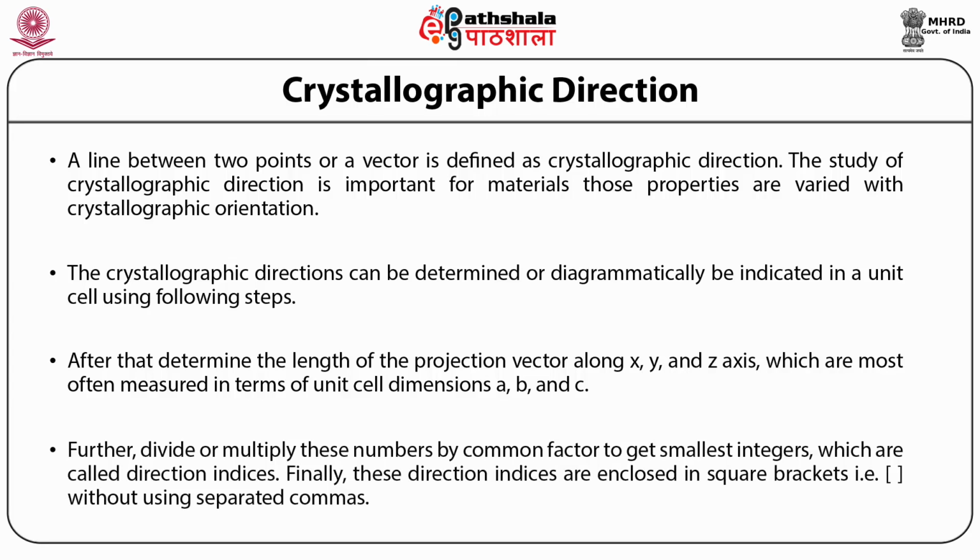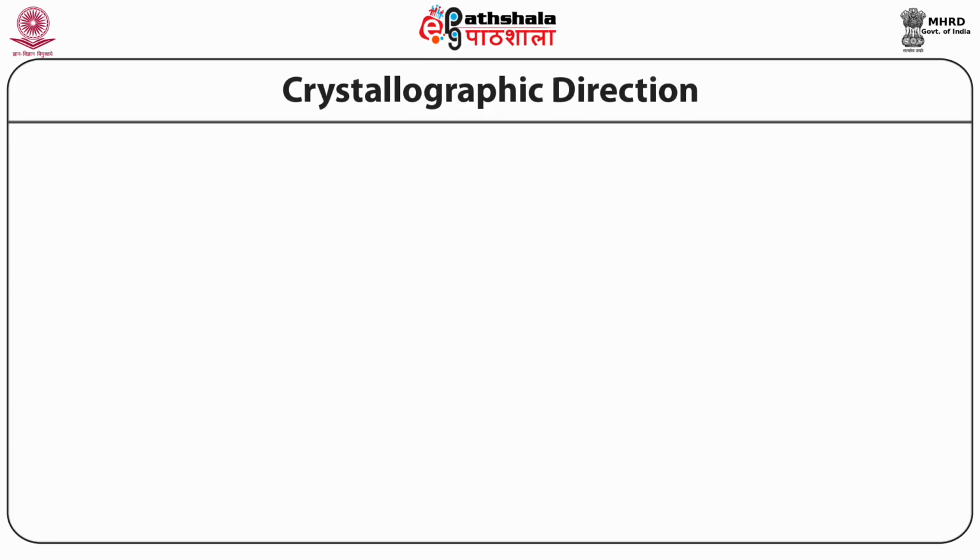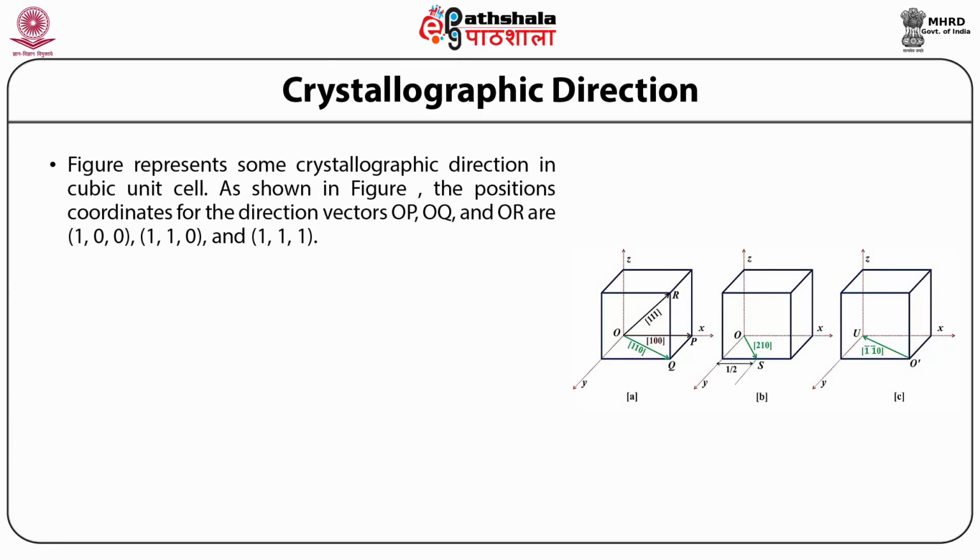Further, divide or multiply these numbers by a common factor to get the smallest integers, which are called direction indices. Finally, these direction indices are enclosed in square brackets without using separating commas. The figure below represents some crystallographic directions in a cubic unit cell.